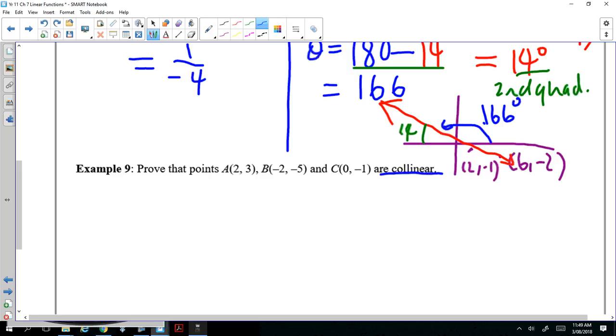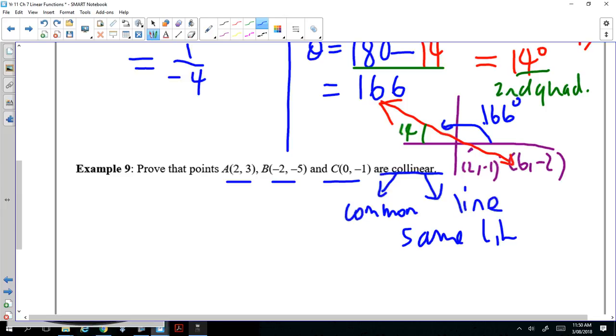That's called collinear. Collinear means they are all on the same line. So let's write it out clearly. We write collinear means points on the same line.